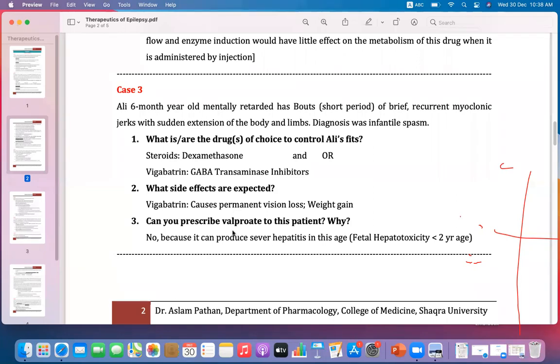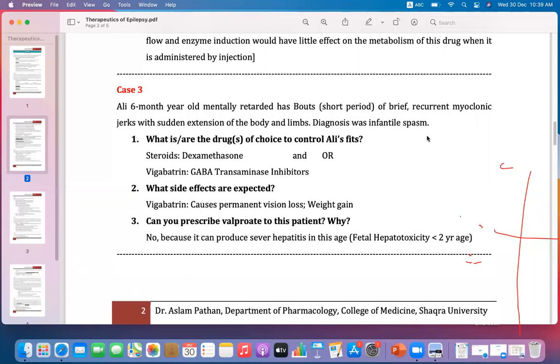Can you prescribe valproate to this patient? Why? No, because it can produce severe hepatitis at this age. There may be fatal hepatotoxicity if the patient is less than 2 years of age. So valproic acid should be avoided in patients less than 2 years of age.